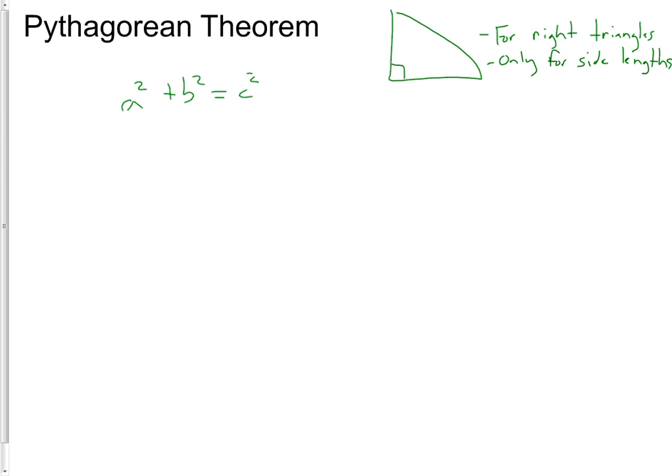We've got side A, side B, and also side C. Side C is the hypotenuse. So C equals the hypotenuse.